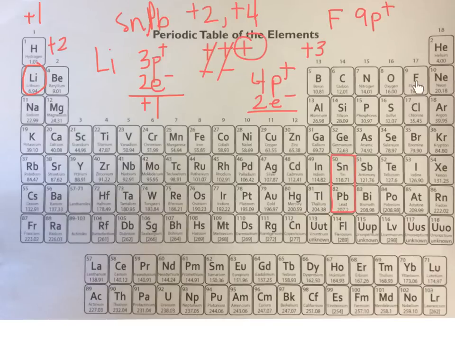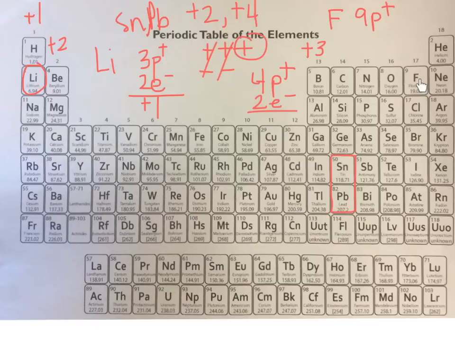Do you think it's easier for fluorine to just gain 1 electron and look like neon, have the same number as neon, or do you think it's easier for fluorine to go back 7? 1, 2, 3, 4, 5, 6, 7. So what do you think is easier for fluorine to do? Gain 1 or to go back 7?